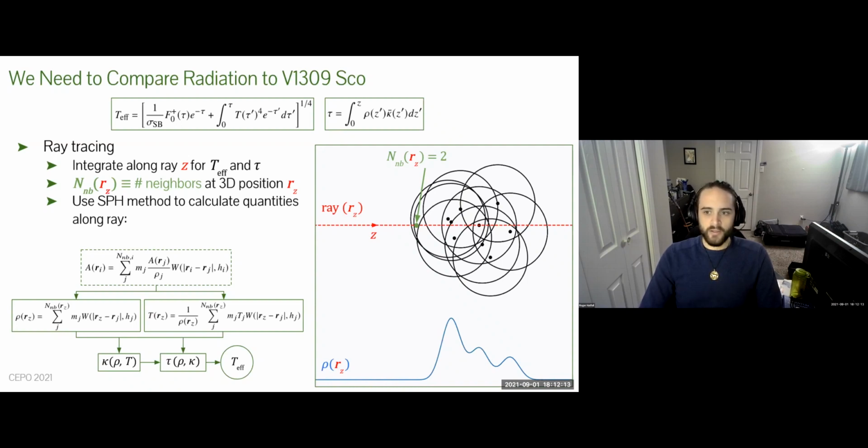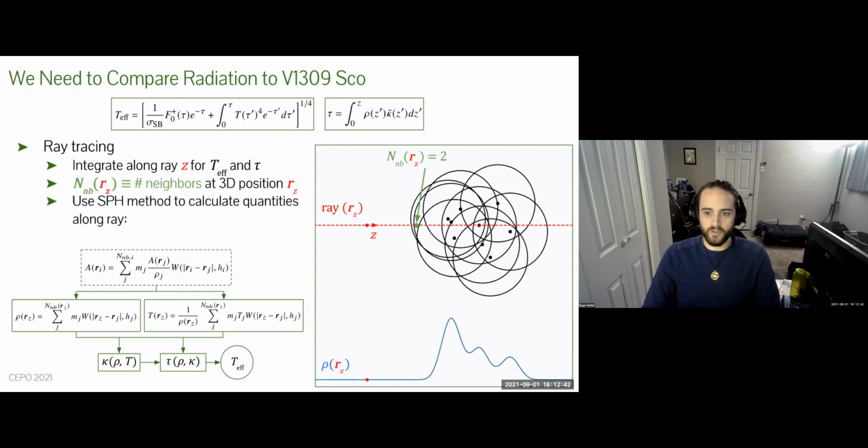In order to calculate quantities along the ray, we adapt an SPH method. SPH usually requires that there is a particle at the location where a quantity is being calculated. We relax this restraint and just choose any location and then say that the number of neighbors at that location is the number of particles whose kernels overlap at that spot.